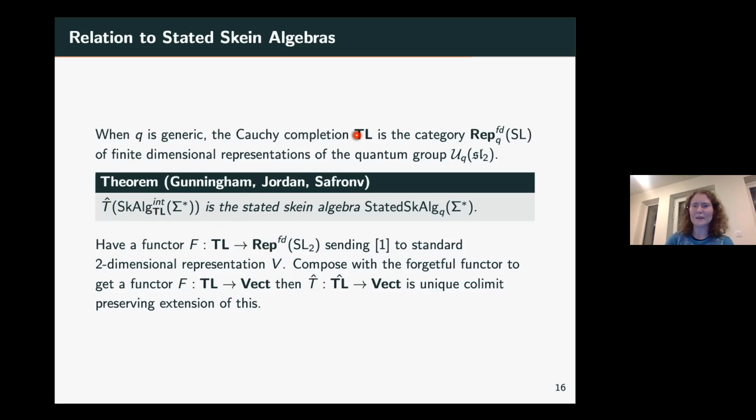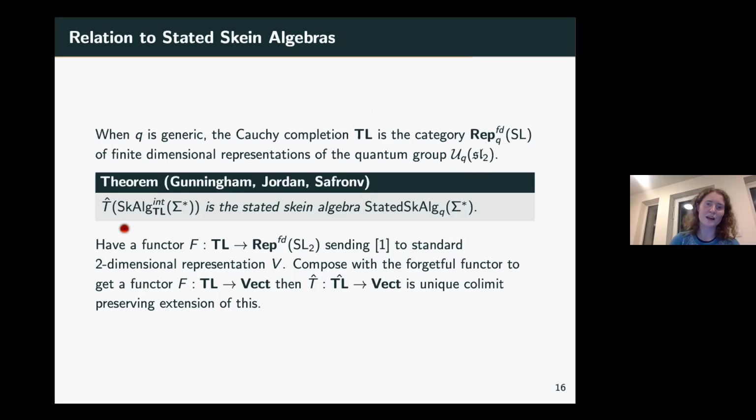The representation category of SL2 isn't quite the Temperley-Lieb category, because you have to take a slight Cauchy completion, or idempotent completion, of the Temperley-Lieb category to get to this. That's why I was saying initially you should really think of the Kauffman Skein algebra as the SL2 theory, but technically you have to consider it as the slightly smaller Temperley-Lieb category.